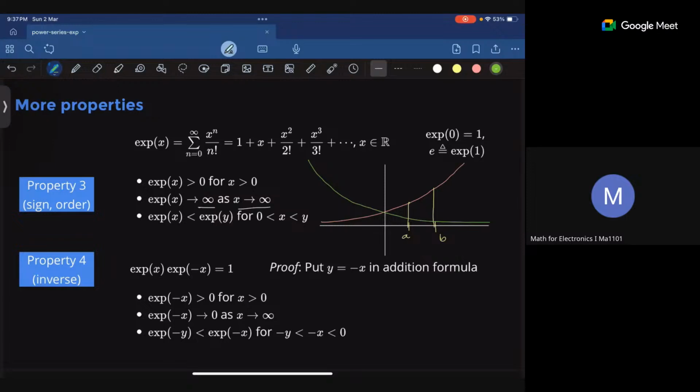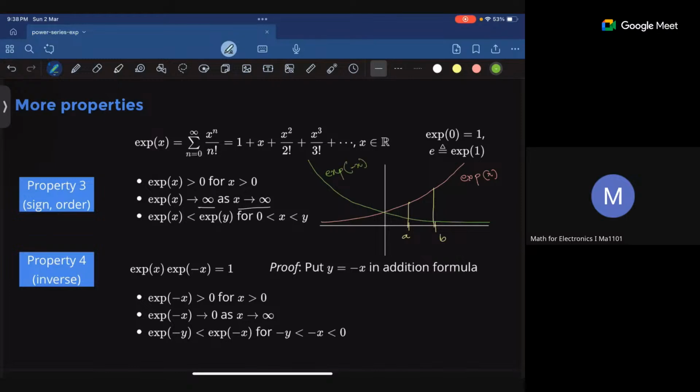Okay, and e power minus x is also always greater than 0. E power minus x is a decreasing function. Okay, and as x tends to infinity, e power minus x will go to 0.